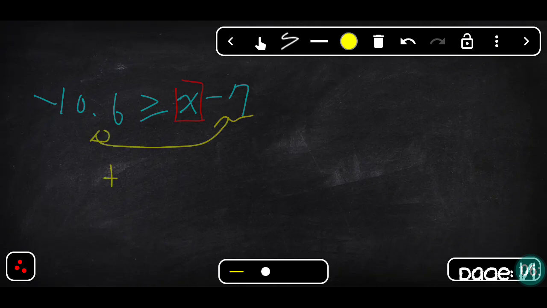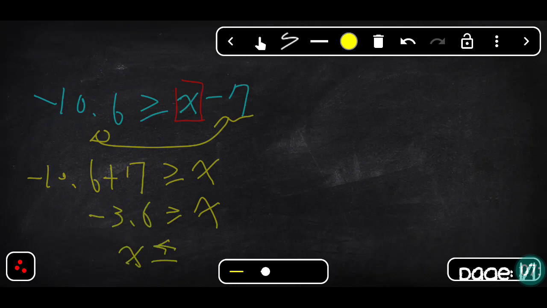It becomes positive 7. So negative 10.6 plus 7 is greater than or equal to x. So x is smaller than or equal to negative 3.6. Just what I taught before, we usually put the variable on the left hand side.